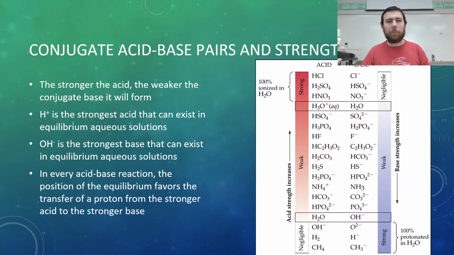And ladies and gentlemen, that is going to conclude this particular topic. We were able to look at our metathesis reactions and our acid-base reactions. We looked at the components that we can identify in a metathesis reaction to let us know that we have one. We looked at acids and bases, the Arrhenius and the Bronsted Lowry definitions.